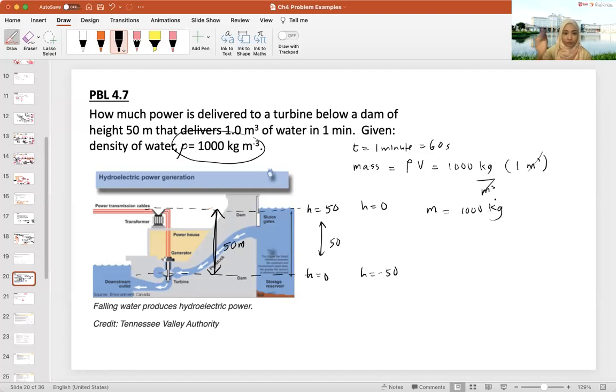Now we can find our energy. When this water goes down to the turbine, what is it experiencing? Anyone want to guess? Come on guys, this is easy. We have a change in the vertical displacement. Hint.